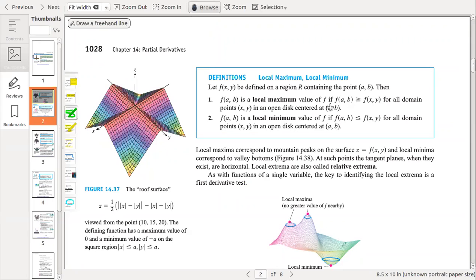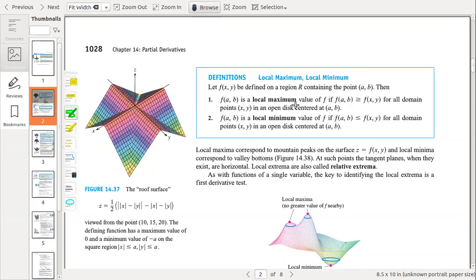So the concept is similar to the limit of a function. f(a, b) is a point in the range, and (a, b) is a point in the domain. So f(a, b) is a local maximum.